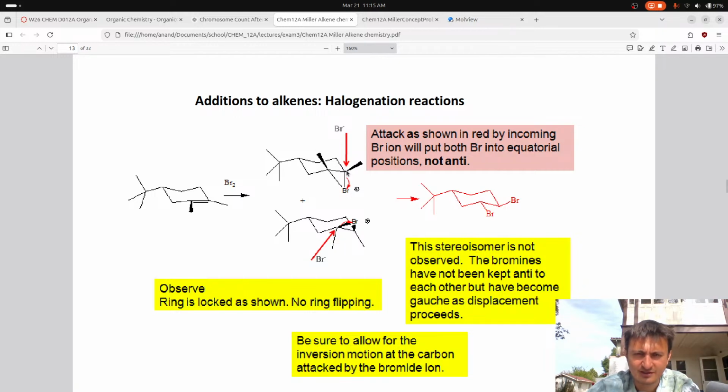Then similarly, this is going to be pointing down, and this is going to be pointing up. However, you have to see that by inverting, this is going to be axially down, and this is going to be axially up, meaning that both of the bromines are going to be equatorial. And that's a gauche interaction, and that's not good.